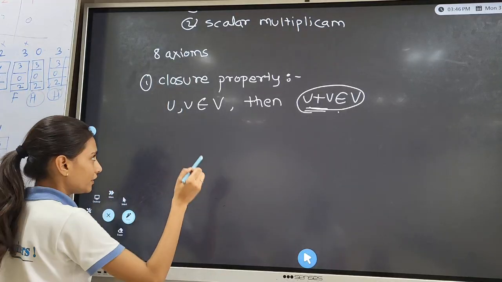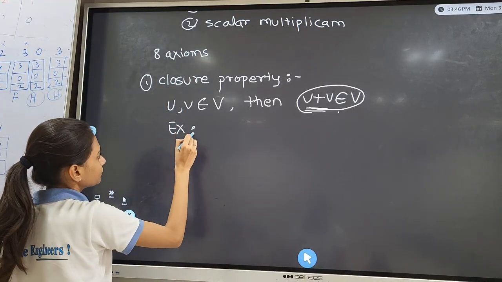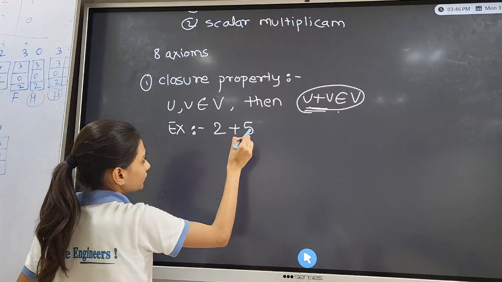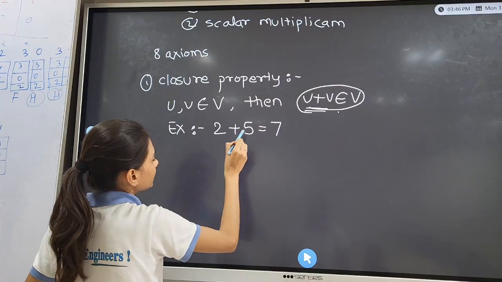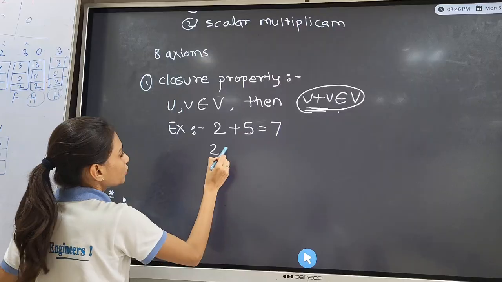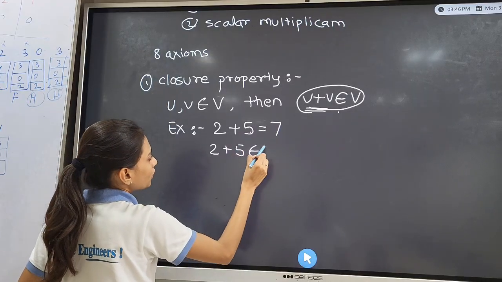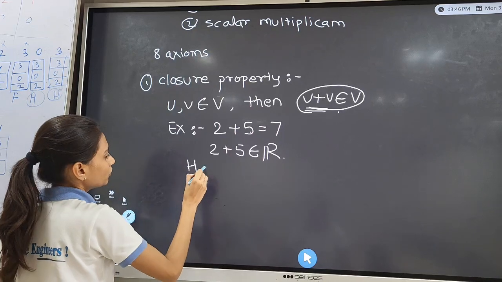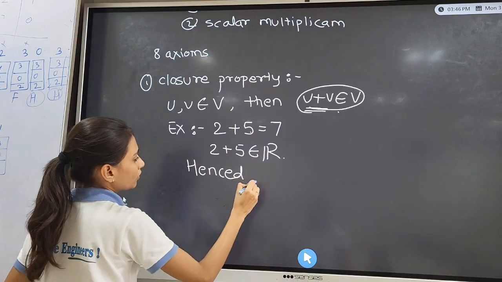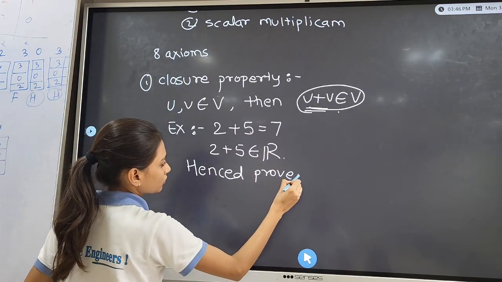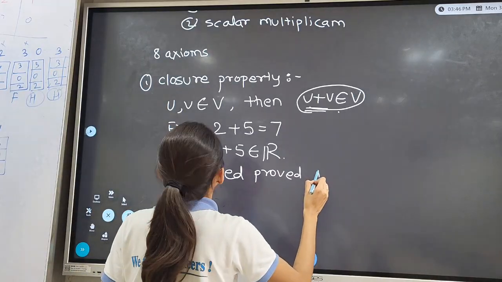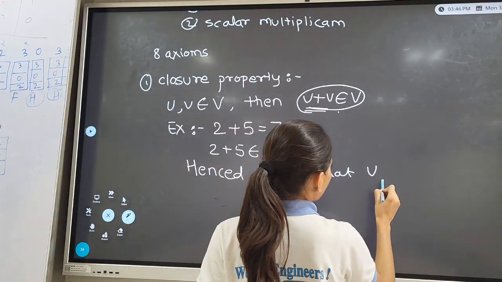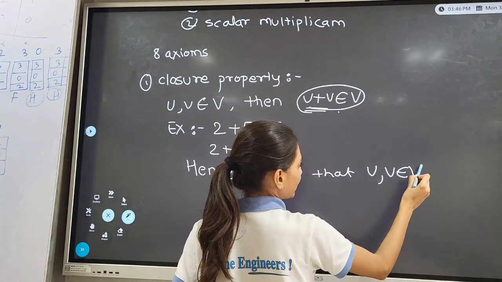For example, 2 plus 5 is equal to 7. Then 2 plus 5 belongs to the real numbers, and hence we prove that U and V are the elements of the vector space.